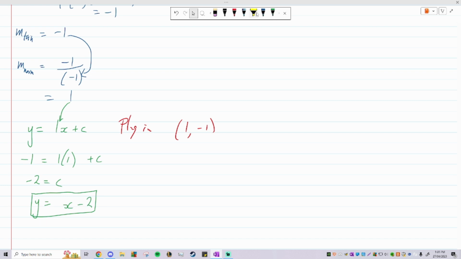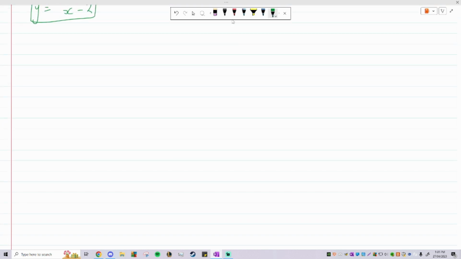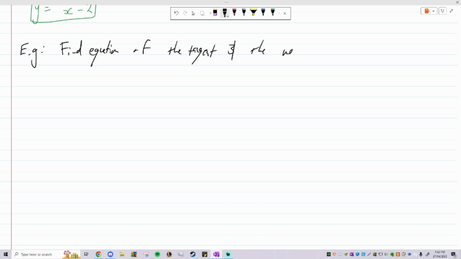Let's do one more complex example of this. It's going to be quite a complex looking one, where we're going to find the gradient of the tangent and the normal together. So we're going to find the equation of the tangent and the normal to the curve.